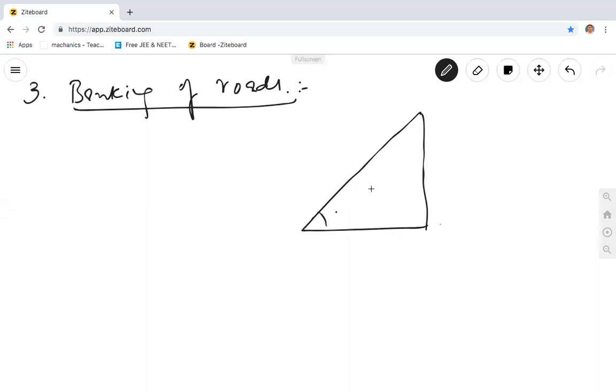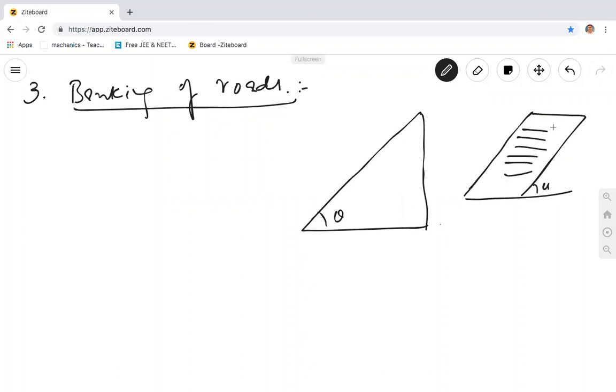This is the road. It is not this road, downslide road. Road is just out of the screen. Okay, I will try to make another figure so that you understand. This is the road.